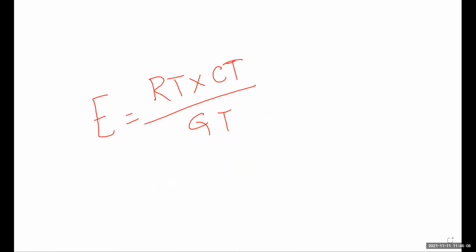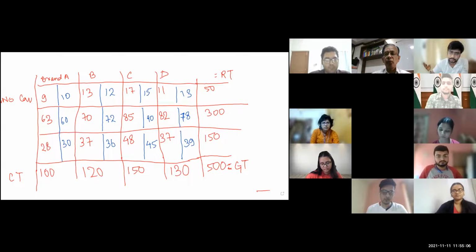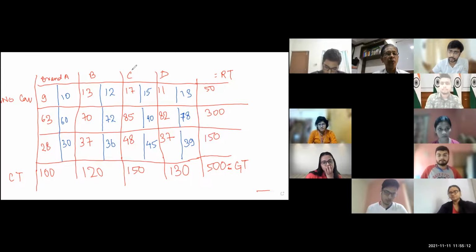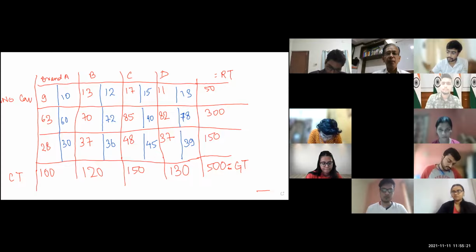Now we will be calculating this. This is what we got in one table, both observed value and expected value. O values are given in red, and E values we computed using that formula are given in blue. This is one table.